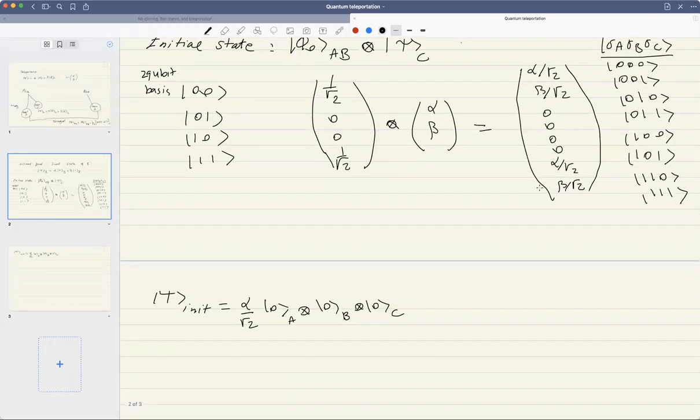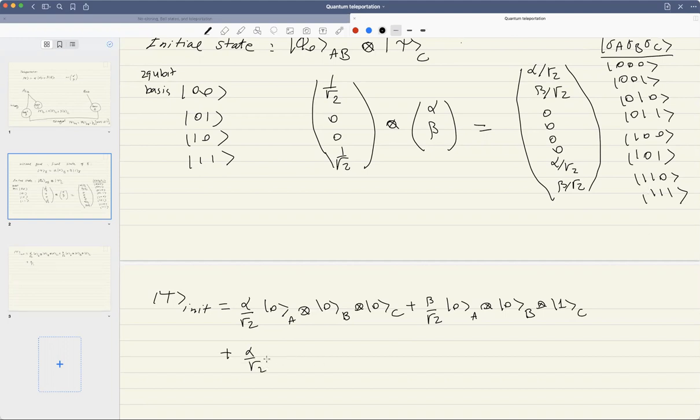Then we have plus beta over square root 2. And then that's 0A, 0B, 1C. And then I have alpha over square root 2.